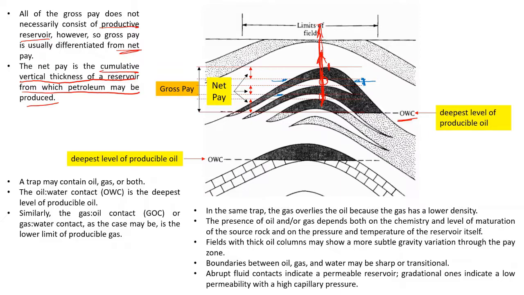All right. Now, oil water contact, as I have told you, is the deepest level of producible oil. In a trap, oil, gas, or both may be present, as I have told you.